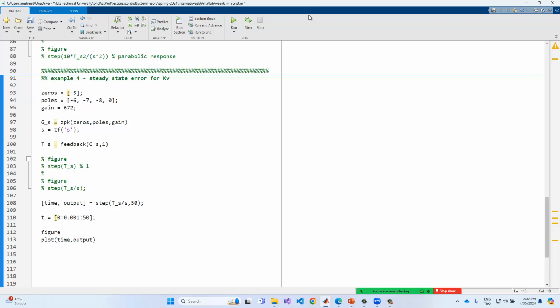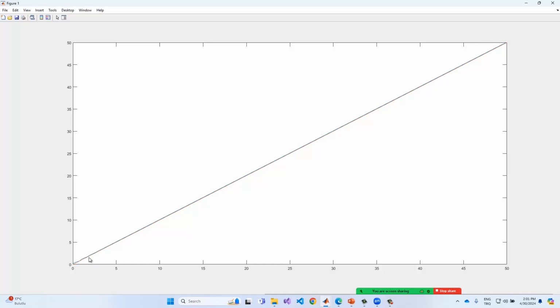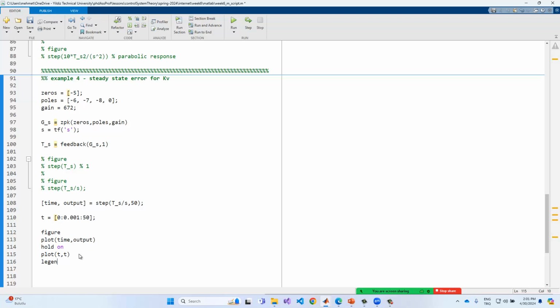Okay, and then hold on can be given in here, and so T and T can be given in here because we have the time signal as f(t) equals t. Okay, and so if I run this code, and then we will have these outputs, and the legend, the real, and the input or the output signal.